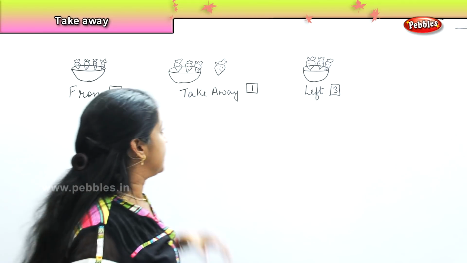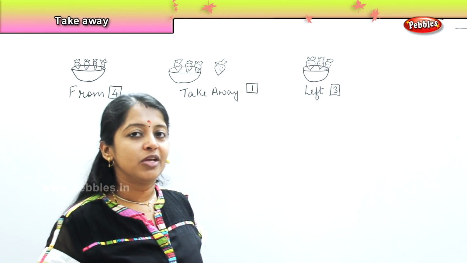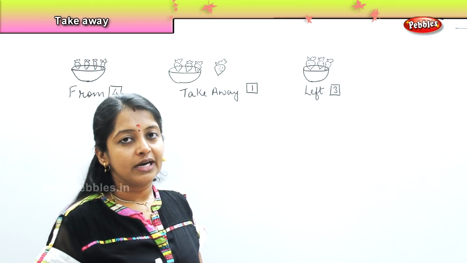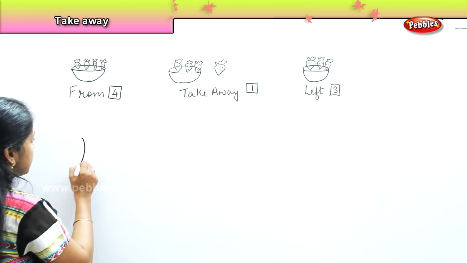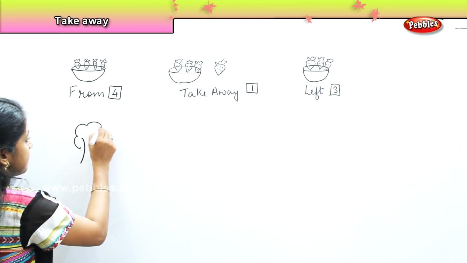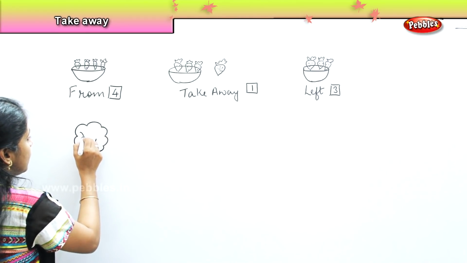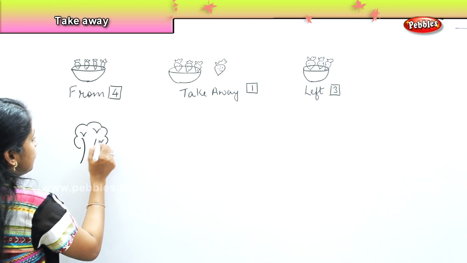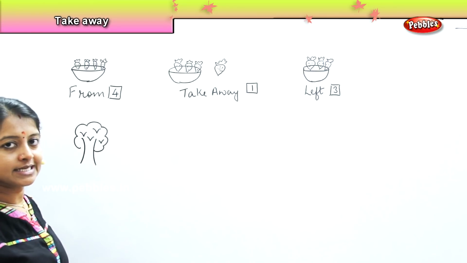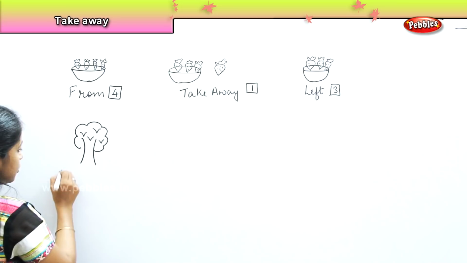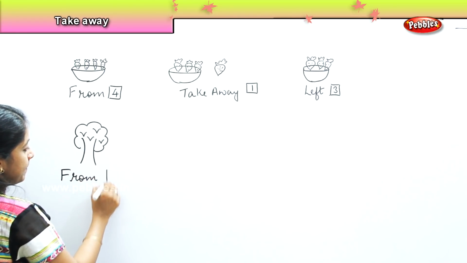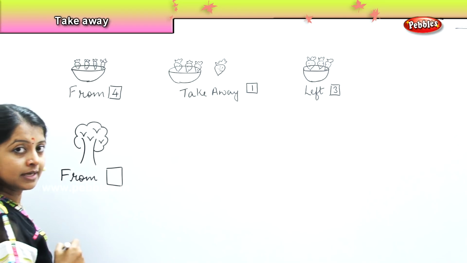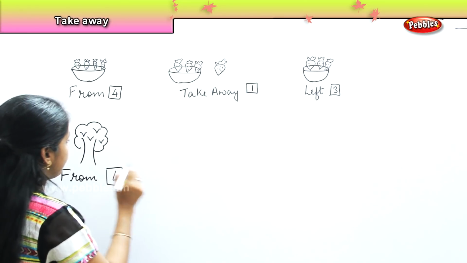So, here in the next example, we will be using a different alternative term. Okay. So, now in this particular tree, there were 4 birds sitting. Okay. So, what is the total here? From, what is the number, children? It is 4.